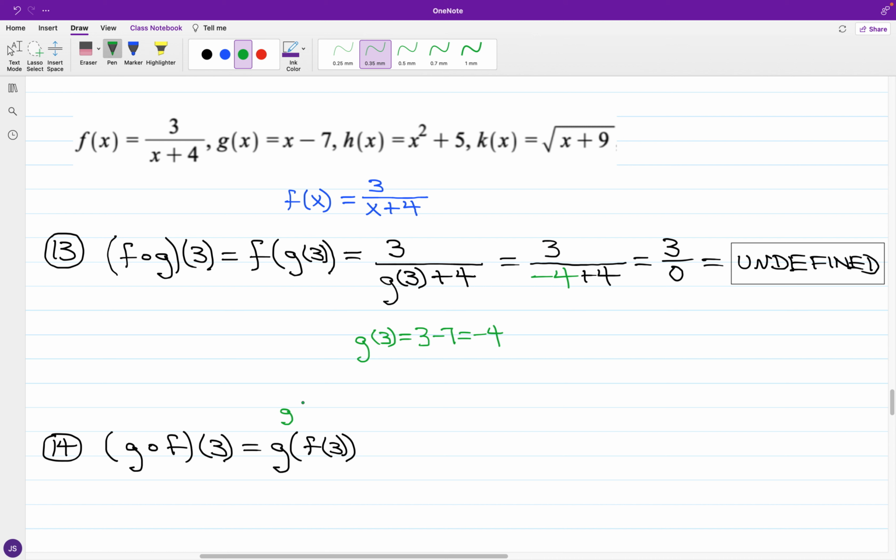So again, g of the input is equal to the input minus 7. In terms of g of f of 3, this time the input we have is f of 3, so we have f of 3 minus 7. We can now evaluate f of 3: f of 3 is equal to 3 over 3 plus 4.